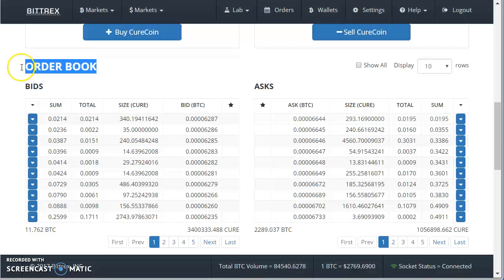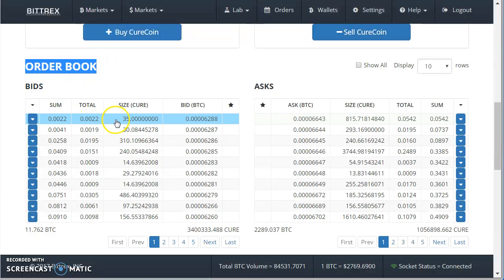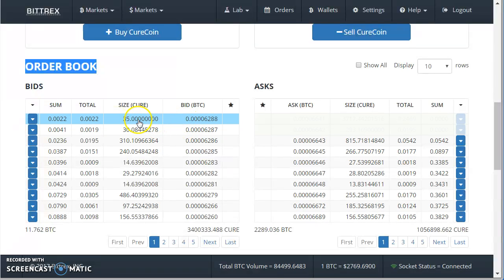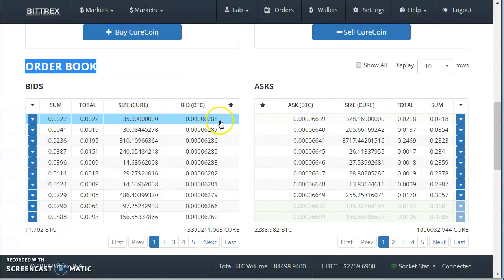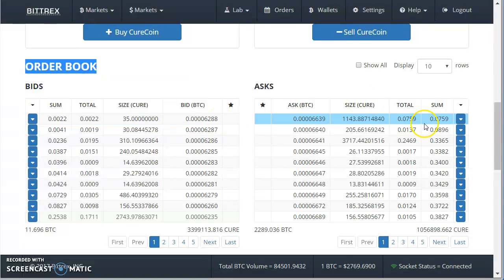The order book is broken into two parts. You'll see the bids, meaning how much people who are willing to buy are willing to pay. There's someone right here with an order for 35 CureCoins, and they're willing to pay $62.88. Whereas there are some owners of CureCoin right now, and they're asking, meaning that they don't want to sell them for less than $62.37.